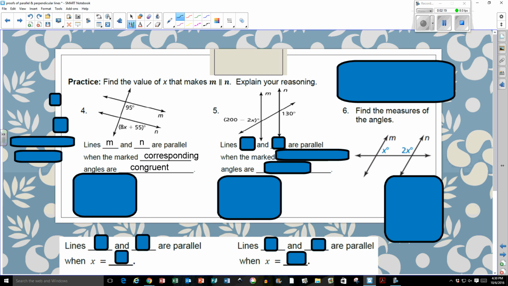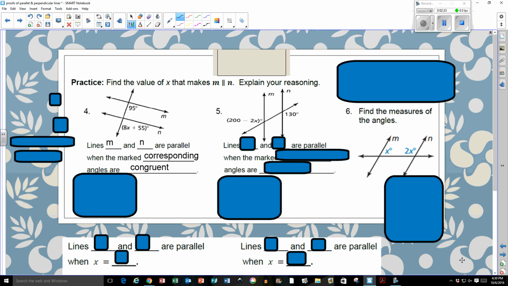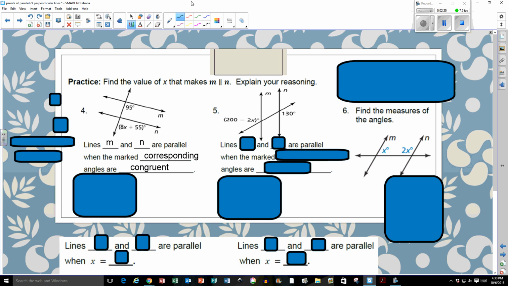So if I go in here and I mark that this angle is congruent to this angle, then they're corresponding because they're in the same location. 1, 2, 3, 1, 2, 3. So they're in the same spot.